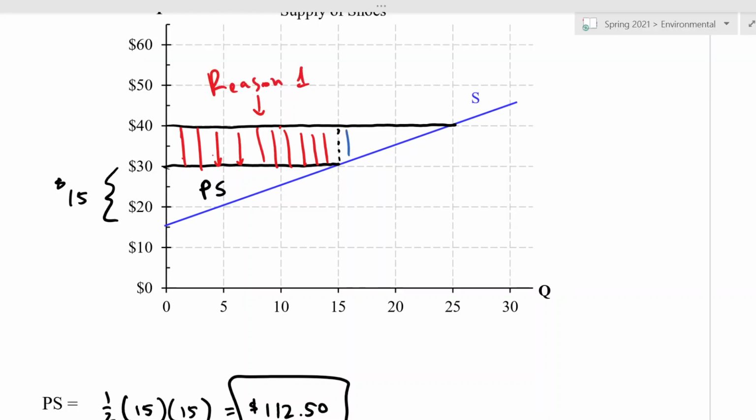These people were also getting some surplus before. So this person here, the price was 40, their costs were 35, they had a producer surplus of 5. But at a price of 30, they're no longer able to cover their costs. They drop out of the market. So this person's gone. In this case, this is going to be reason 2, a loss in producer surplus due to people leaving the market.